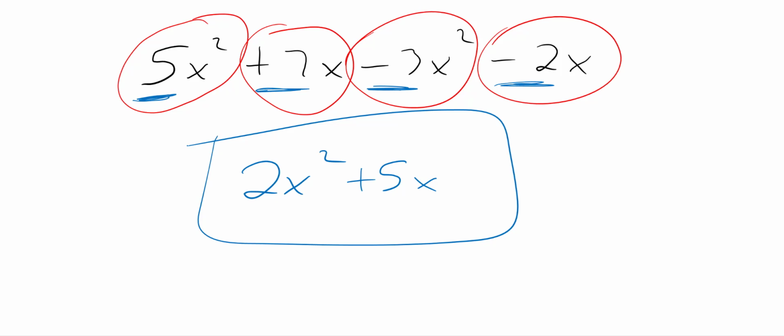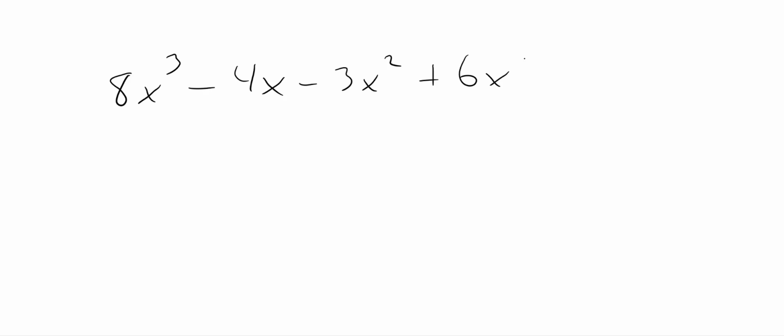Okay. Sometimes kids use different colors, so let me give you a different problem here. If I said 8x cubed minus 4x minus 3x squared plus 6x minus 2x squared minus 5x cubed.